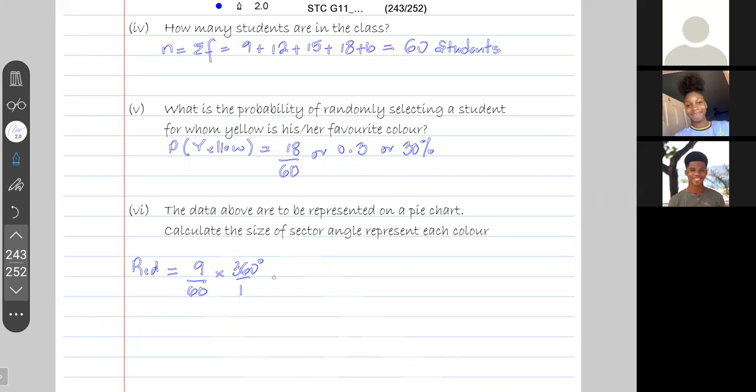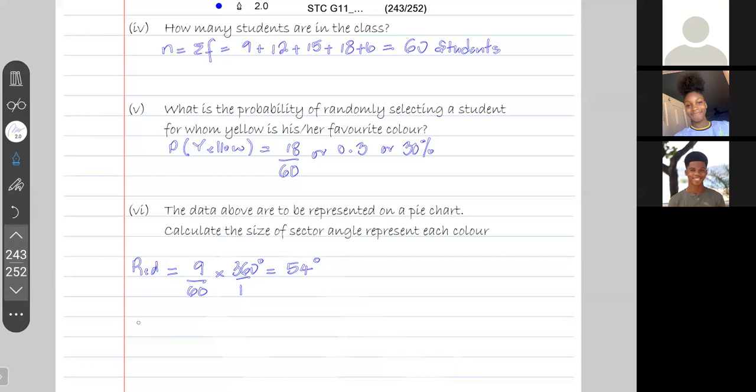So 60 goes into 360 6 times, and 6 times 9 is 54. So red on your pie chart is going to be represented by a sector with a sector angle of 54 degrees.